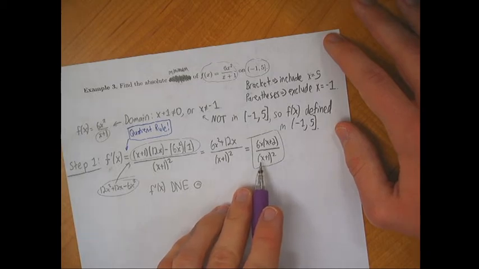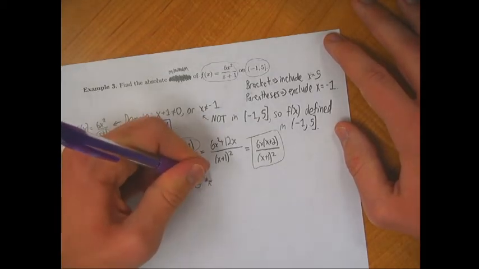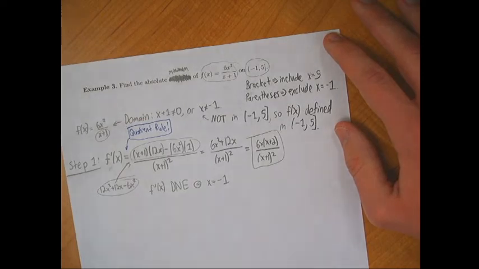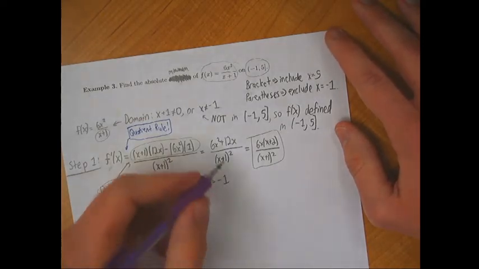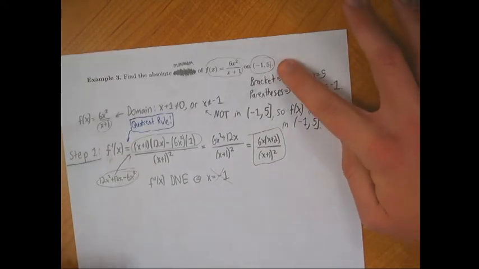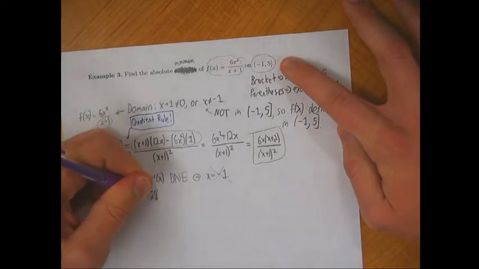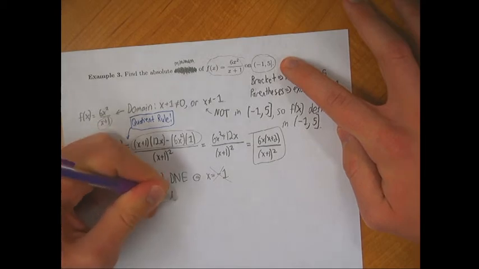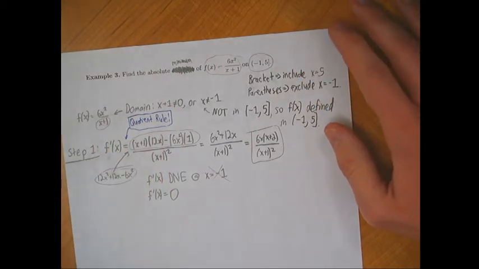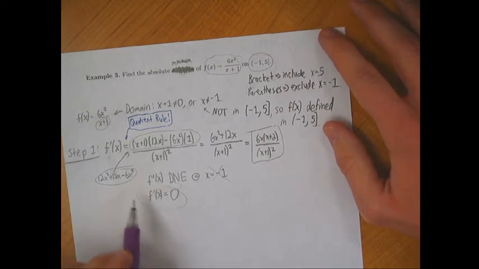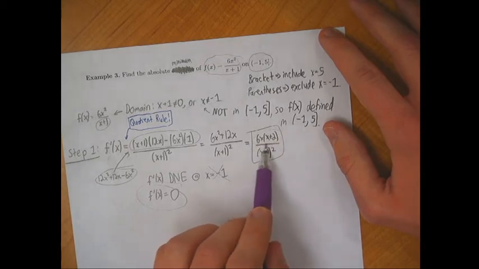As before, the only way that can happen is if we're focusing on -1. But again, that's not in our interval, so we don't care. So ultimately, the only thing we care about here is when the derivative equals 0. To figure out when the derivative equals 0, we have to focus on the numerator here.